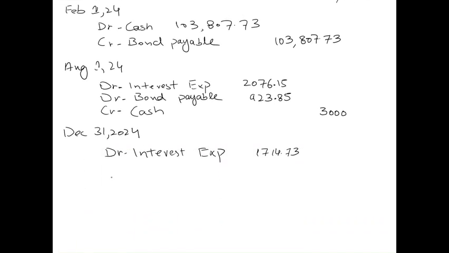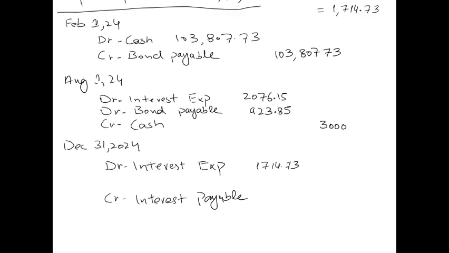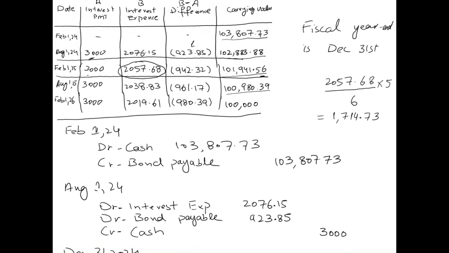So we credit interest payable, and that amount will be, the actual cash that we have to pay is $3,000.